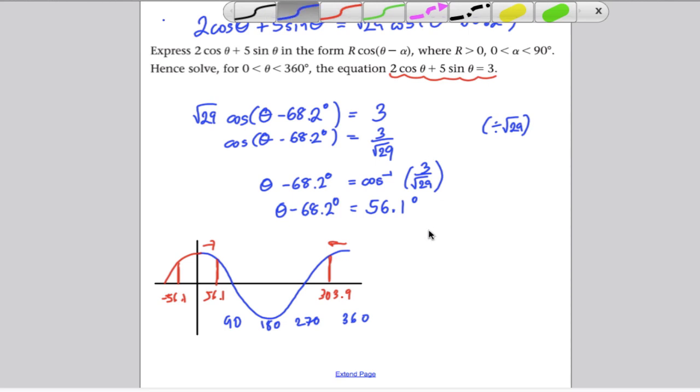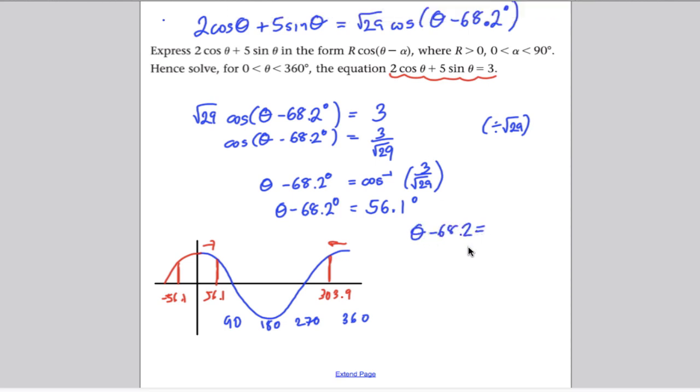So, therefore, theta minus 68.2 could be negative 56.1, or theta minus 68.2 could be equal to positive 56.1, or theta minus 68.2 could be equal to 303.9.